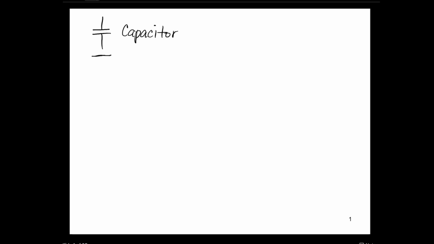So when we look at the capacitor, again, we have our schematic symbol here, and instead of a magnetic field like there is with an inductor, we have an electrostatic field. So inductor was a magnetic field. For a capacitor, it's an electrostatic field. When we have a charged capacitor, we have one plate negative, one plate positive.